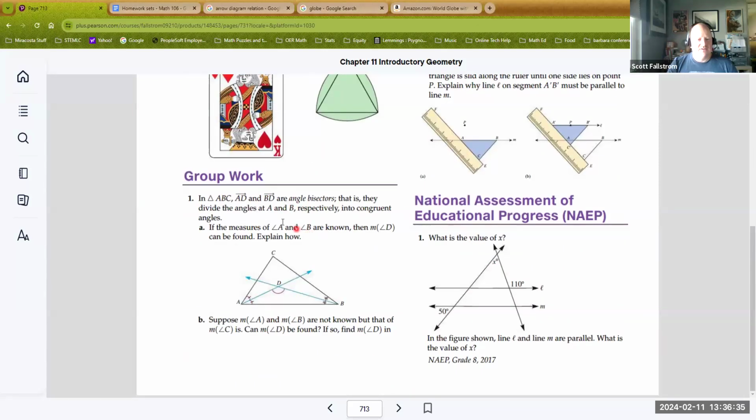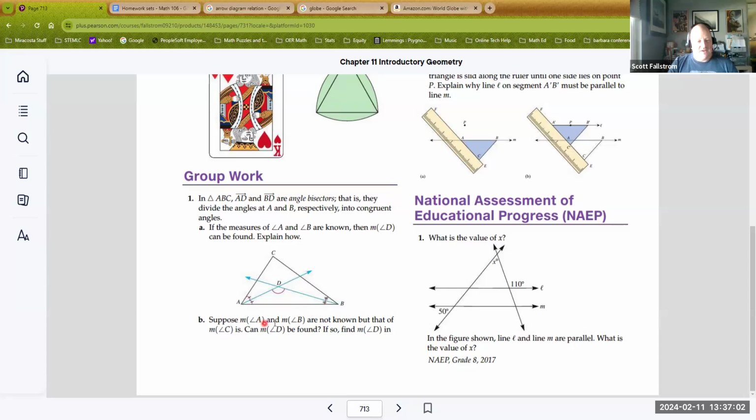Group work here is finding something called angle bisectors. And again, right now we're not creating or controlling the lines, we're just saying they exist. I'm asking you something: if the measures of A and B are known and you have the angle bisector, then the measurement of angle D can be found. How can you find angle D if all you knew was A and B?